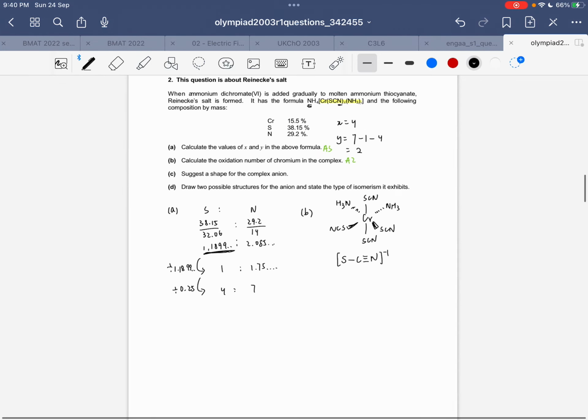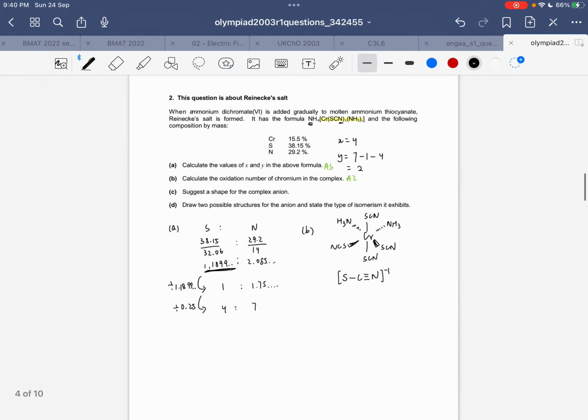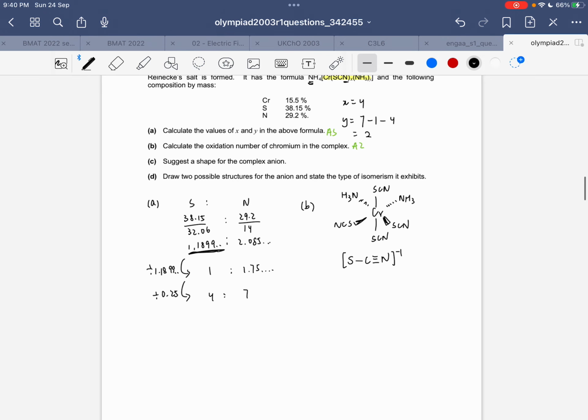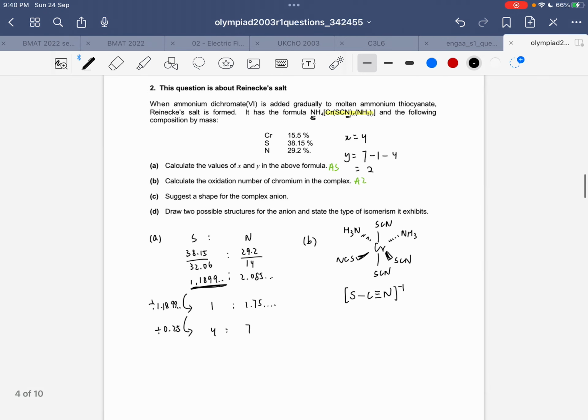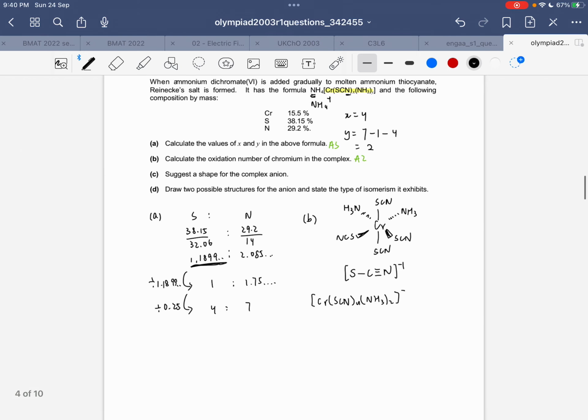And so to calculate the oxidation number of chromium, the complex ion Cr(SCN)4(NH3)2 will have an overall charge of -1, because NH4 is +1 charged.